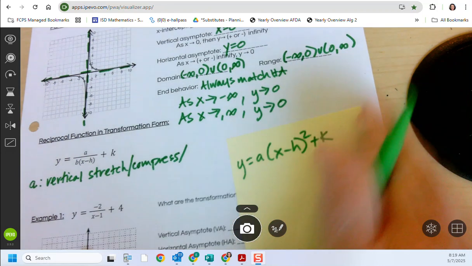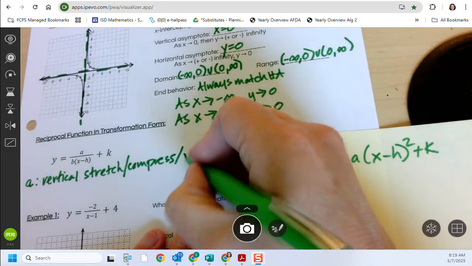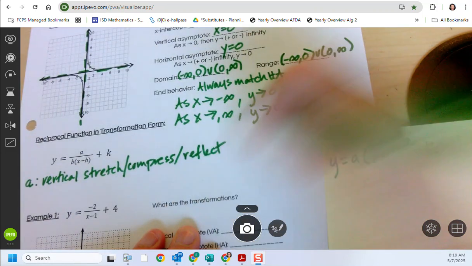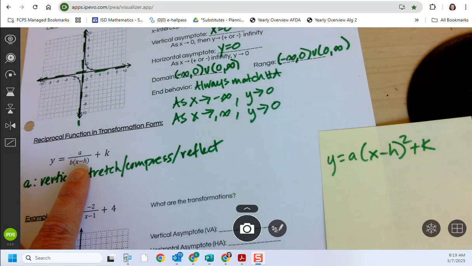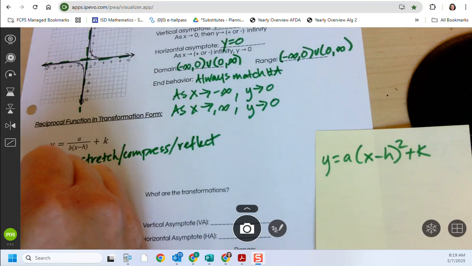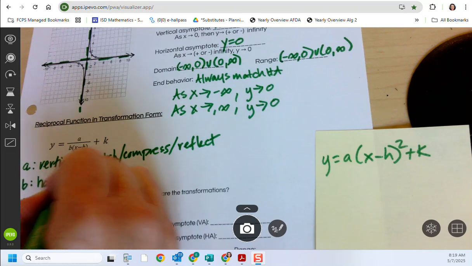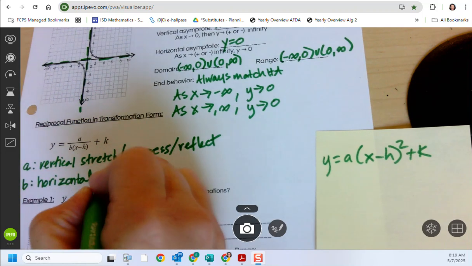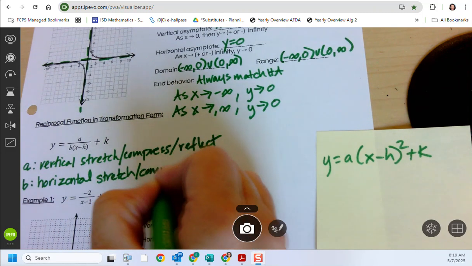The H was a horizontal shift left and right, and the K is a vertical shift up and down. We didn't do a B before, and honestly, we're not going to really be using B now either, but since it's in the formula, we're going to describe what that is. So the B is a horizontal stretch or compression, or reflection. We just don't cover that in this course.